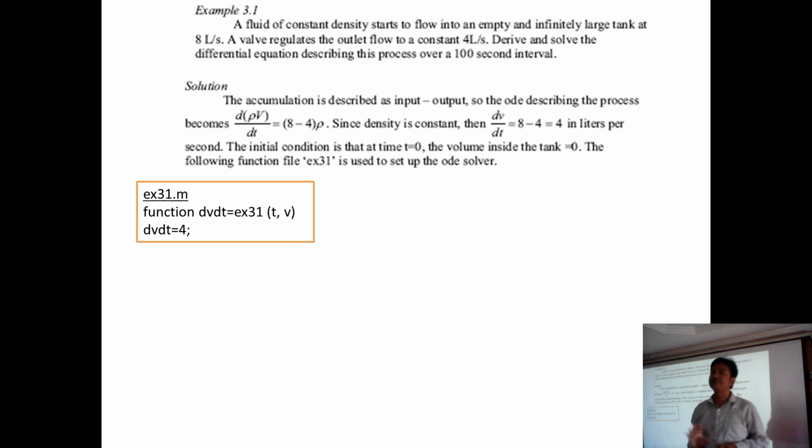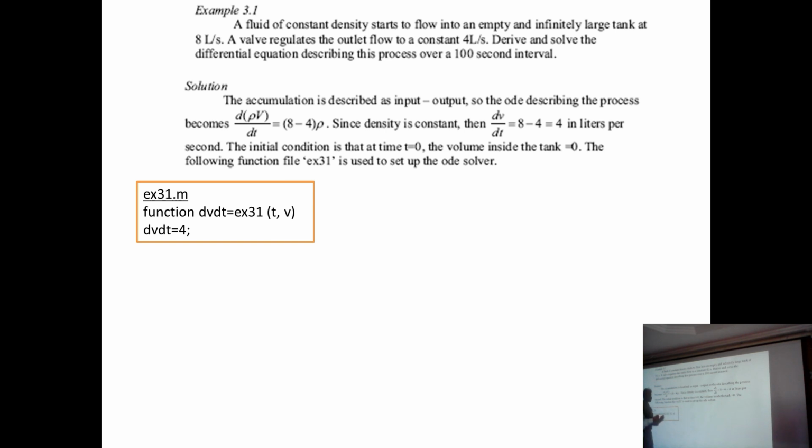Now look at how I have written. What is the syntax I told? Function, output, file name or function name, dependent variable, independent variable. So dv by dt, function, some variable name dv dt I kept. The file name should be the function name, already told, and the variables.